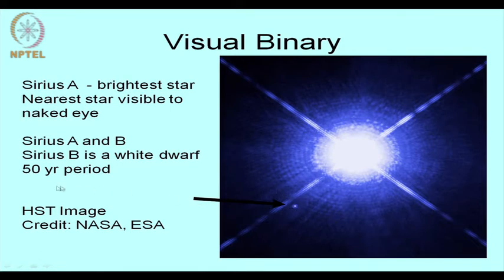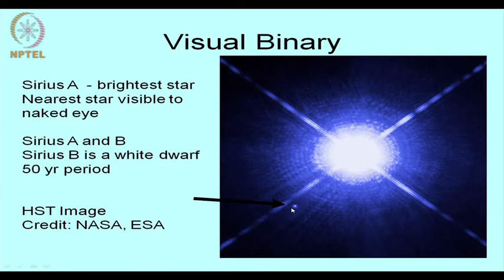And if you wait for 50 years, you can then see the orbit, you can see the two stars moving around on the sky, and from that you can infer certain properties of the orbit depending on the inclination angle, which in general is not known, but you can make out certain properties of the orbit for a visual binary. You will see the two stars moving around over the course of time.